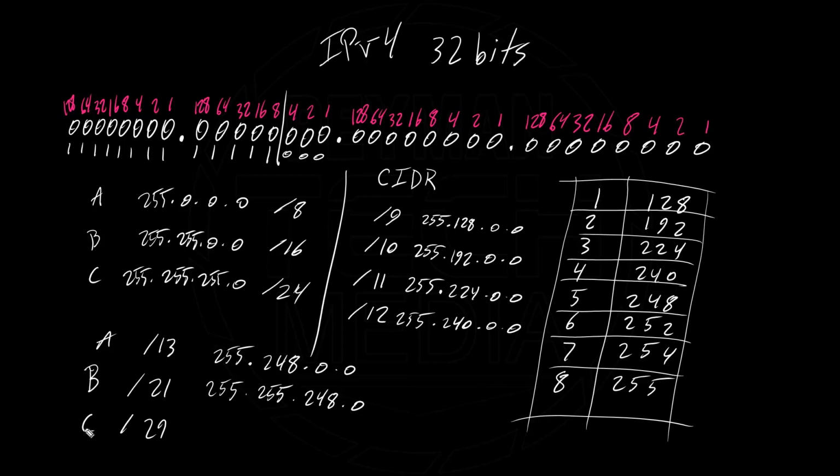Now let's take a look at class C. Class C IP address, they gave us a slash notation 29, and we already know this 29, they borrowed 5 bits from the host bits because by default class C is 24. So 24 plus 5, that's 29. Therefore, the default subnet mask is 255.255.255.